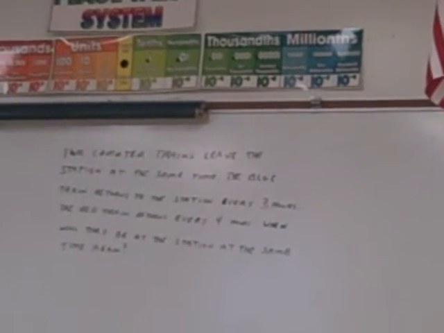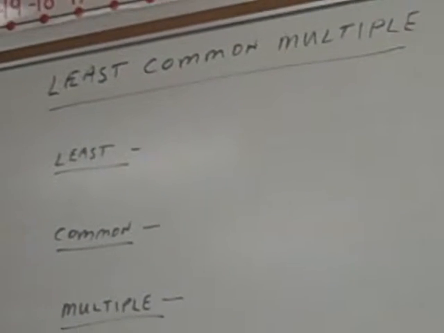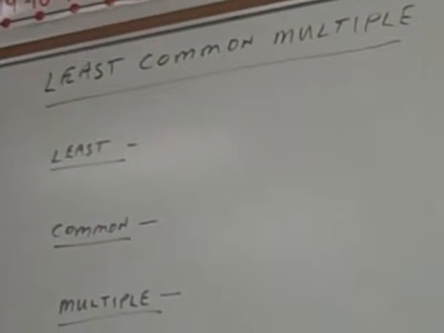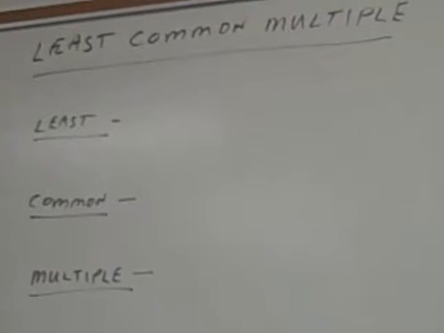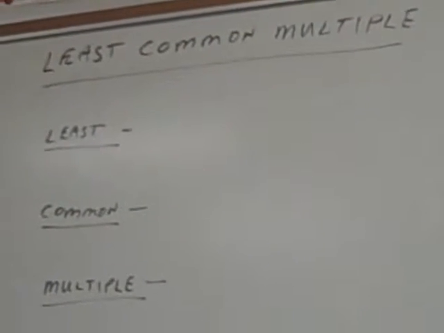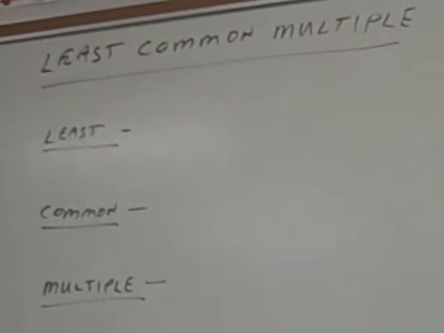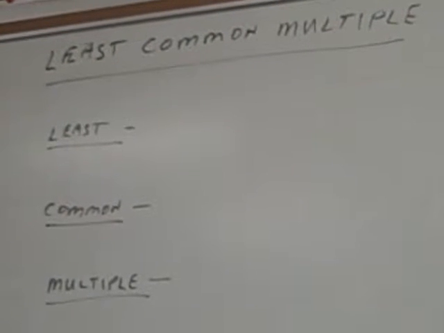Okay? So now let's come up here and break down again what we were talking about. Now let's see how different this is. We're comparing it to greatest common factor. This is least common multiple. So, let's start off. Least. Small. Not as much. Smallest.